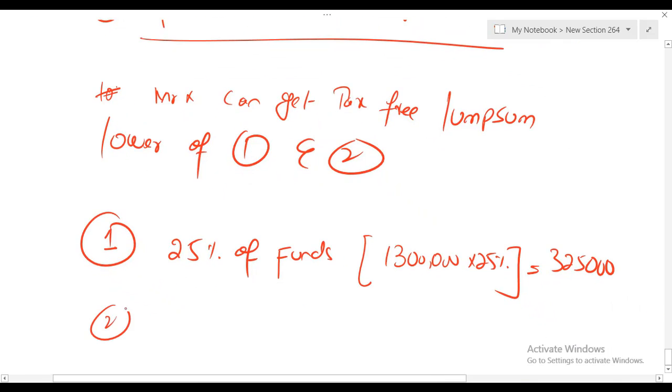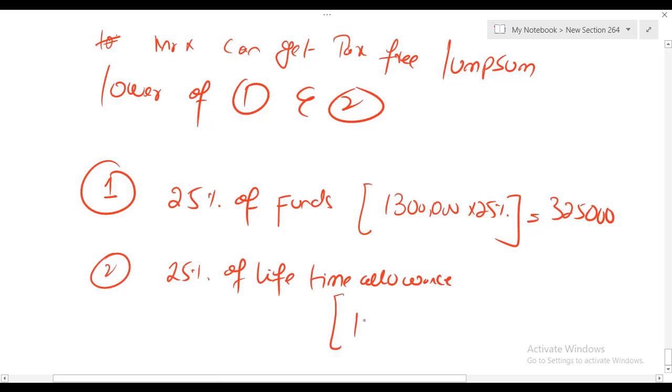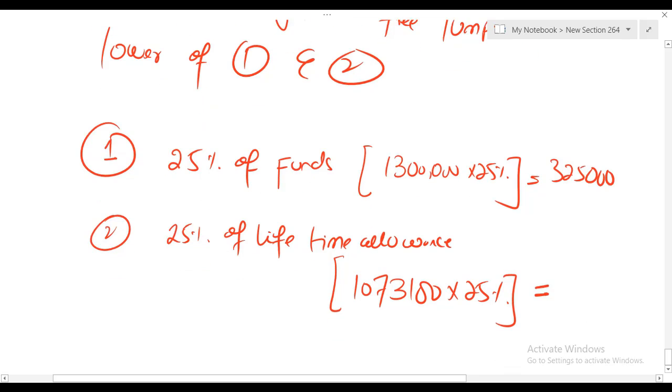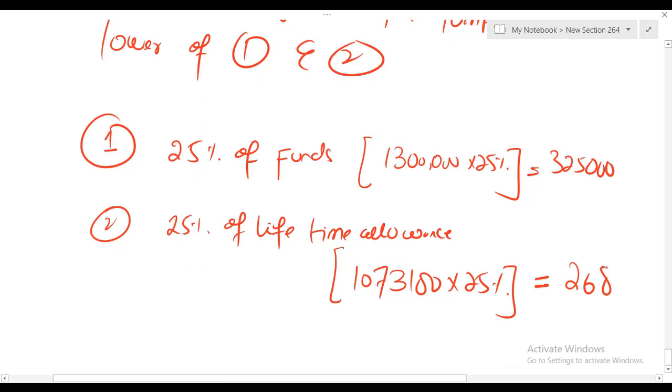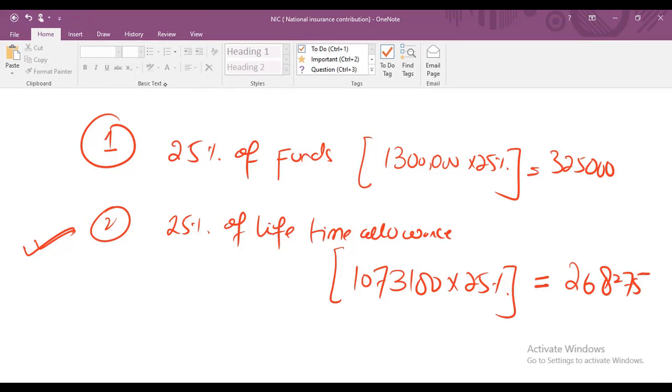So let me take the second value, which is 25% of lifetime allowance. Lifetime allowance is 1,073,100. Let me take 25% of this. 1,073,100 and 25%, it is 268,275. Obviously, the second value is lower than the first value.